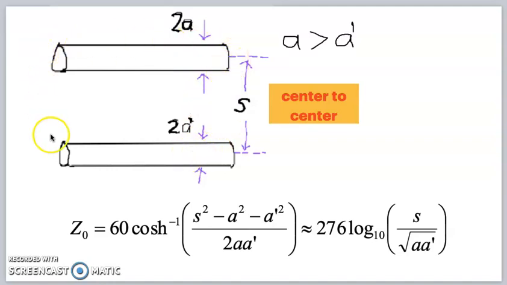The characteristic impedance of these two is given by Z0 equals 120 cosh inverse of (S squared minus a squared minus a prime squared) over 2a prime, or equivalently 276 log10 of S over square root of a a prime. Most of the time we use this equation for Z0. If you have two wires, knowing their radius or diameter and the spacing, we can find their characteristic impedance.